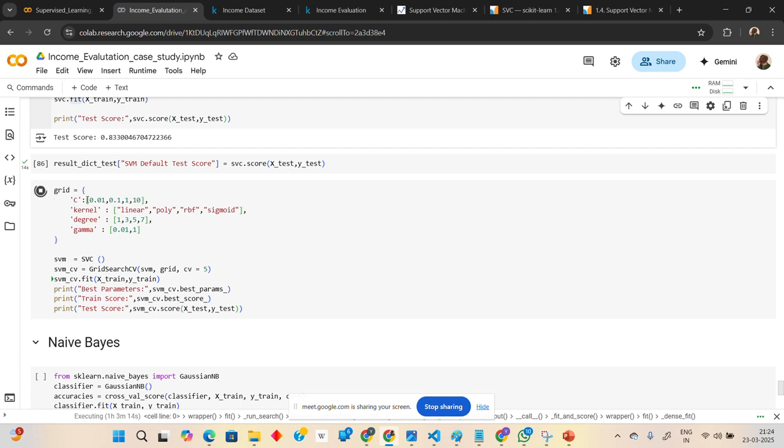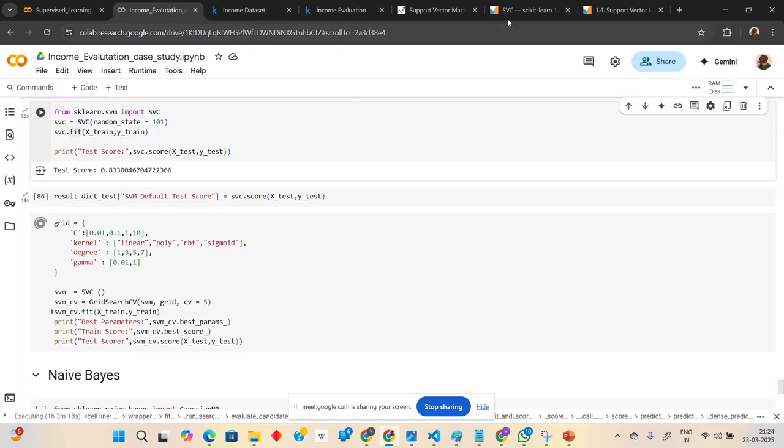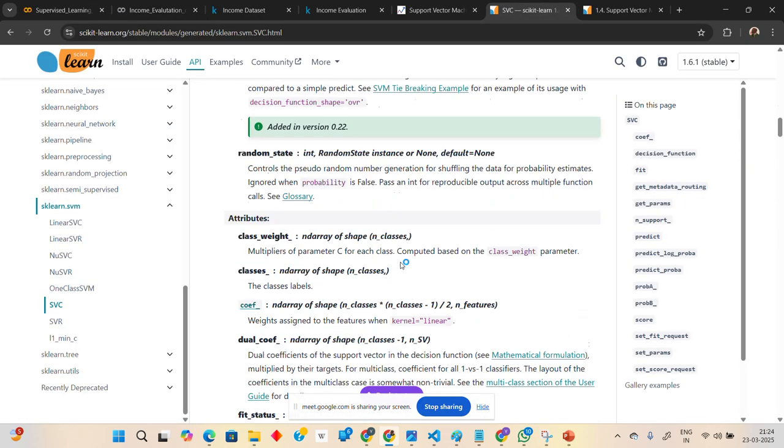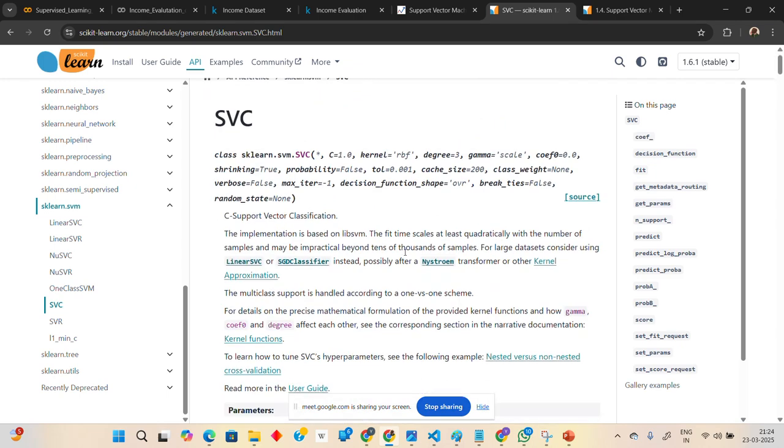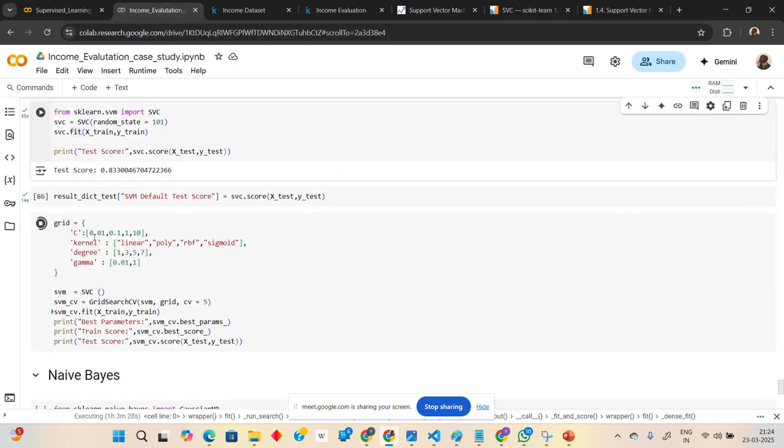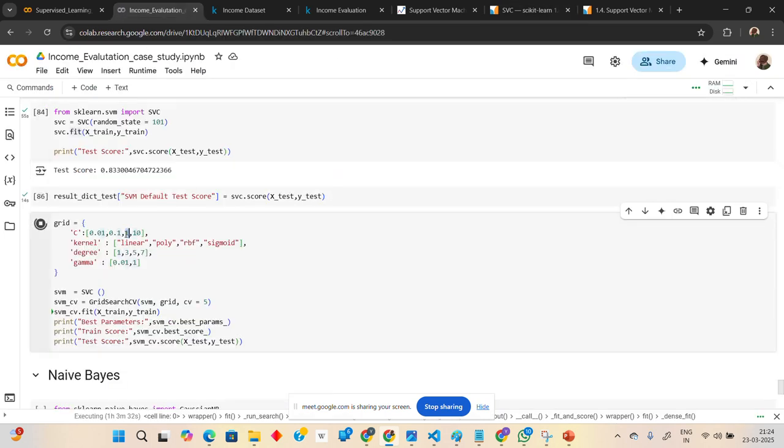Here I'm changing C values. I already told you, right? By default the C value is 1.0. Here I am using 0.01, 0.1, and then 1, 10.